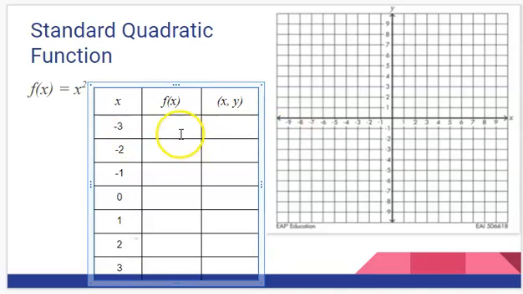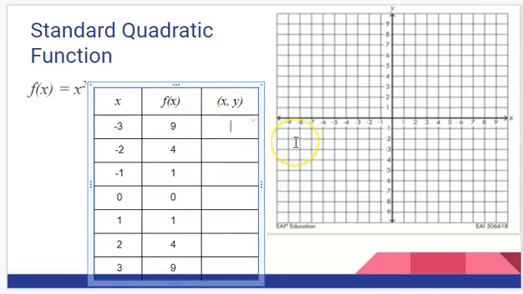But now my function says to square it. So -3 squared is -3 times -3, that's +9. -2 squared is -2 times -2, which is +4. -1 squared would be 1. 0 squared is just 0. 1 squared is 1. 2 squared, 4. And 3 squared is 9.